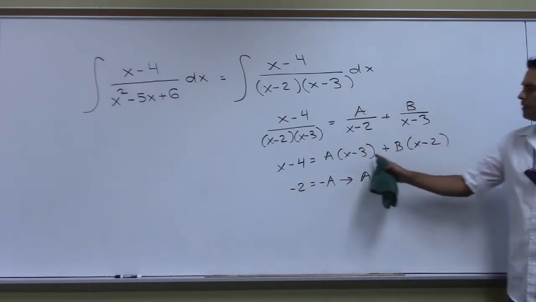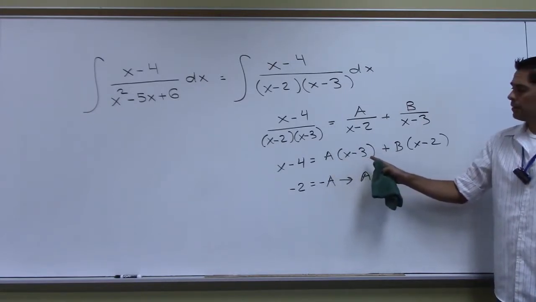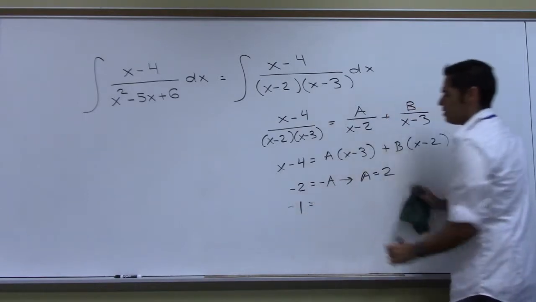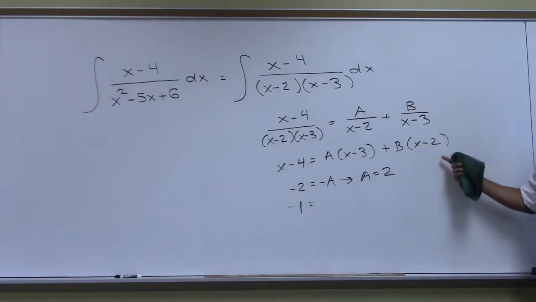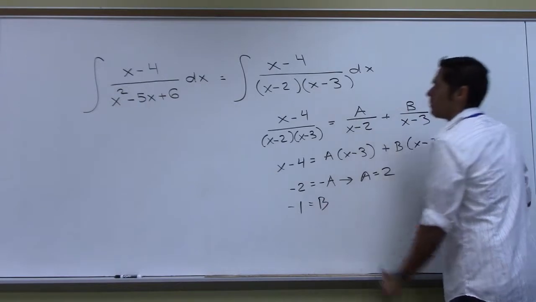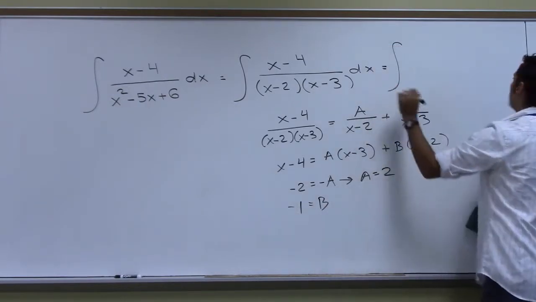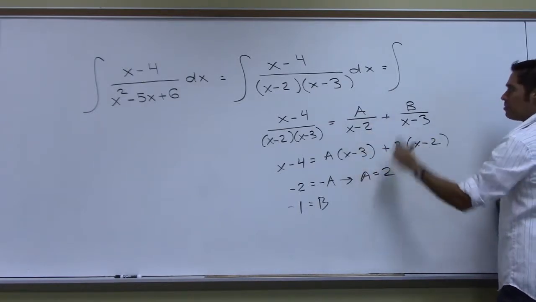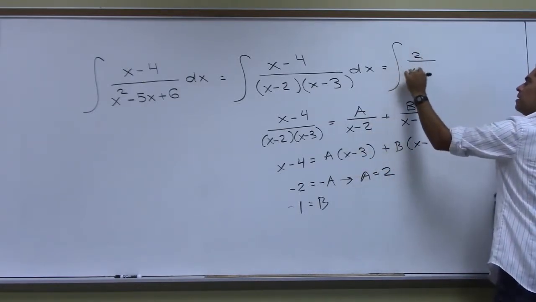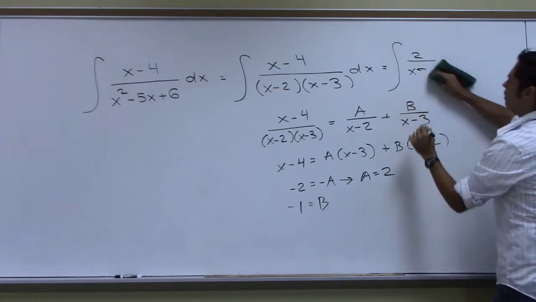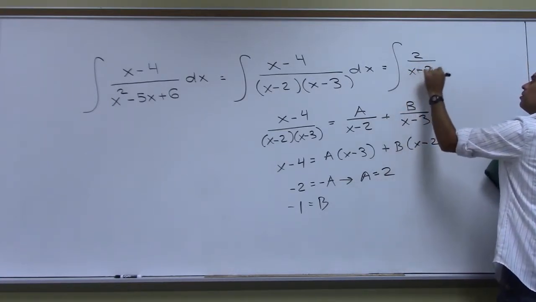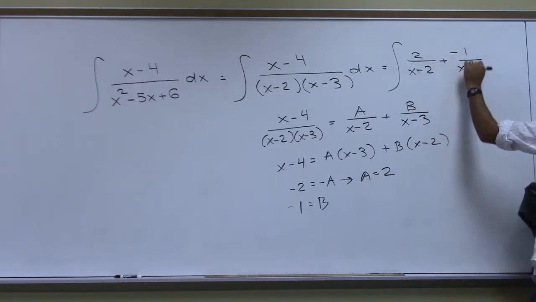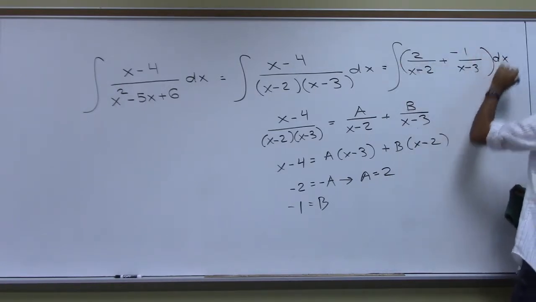And then if I want to kill off this one, I let x be 3. So I put a 3 here, I get negative 1 equals, that one's gone. Put a 3 here, I just get B. So B is negative 1. So this integral becomes A over this, so 2 over x minus 2, that's a minus 2, plus B, which is negative 1 over x minus 3 dx.